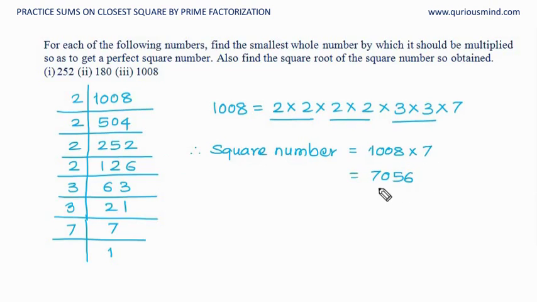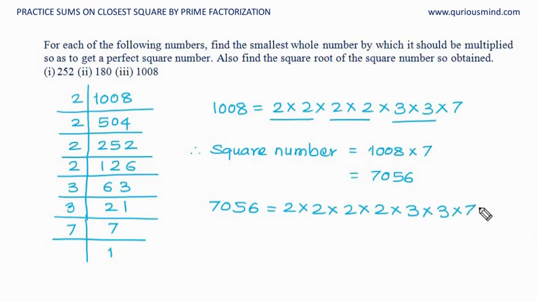So the square number is 7056, and to find the square root of 7056, we'll find the factors of 7056. Factors of 7056 are all the factors of 1008 multiplied by 7.